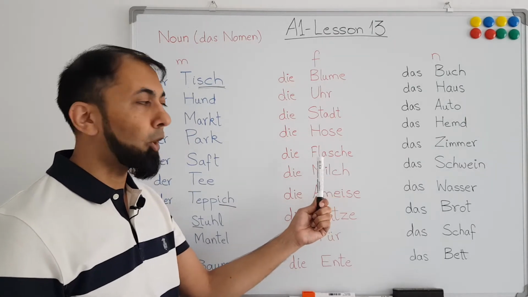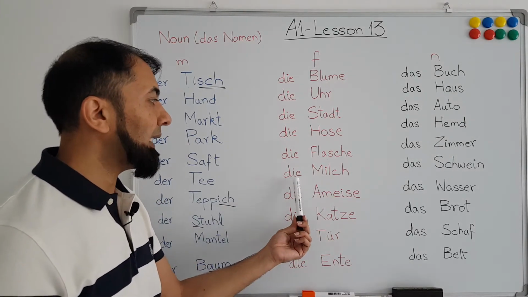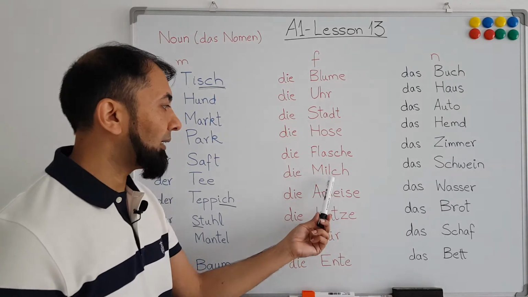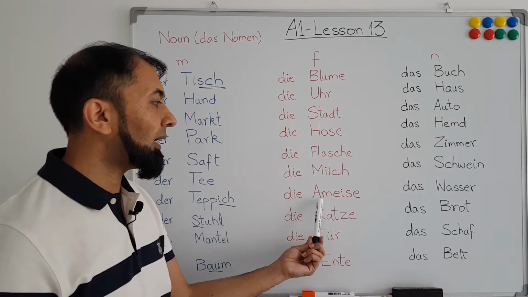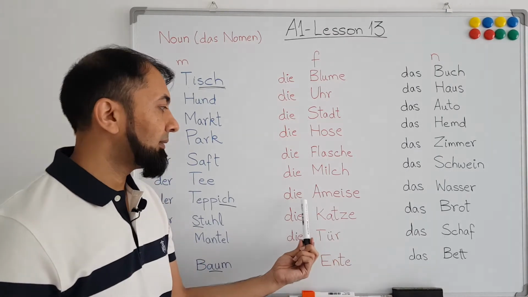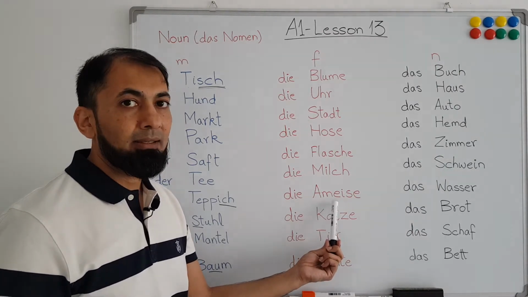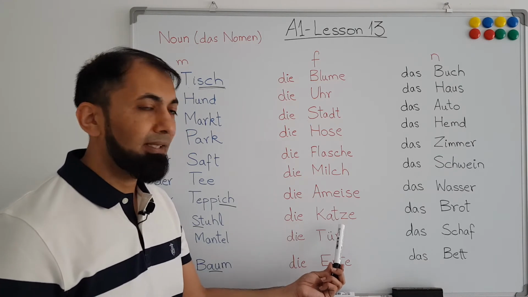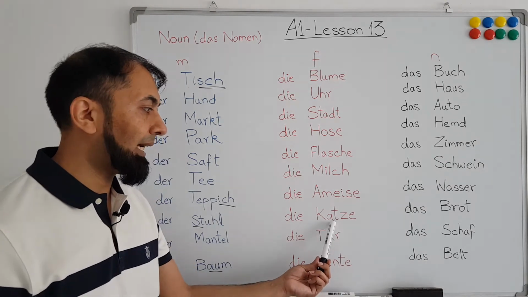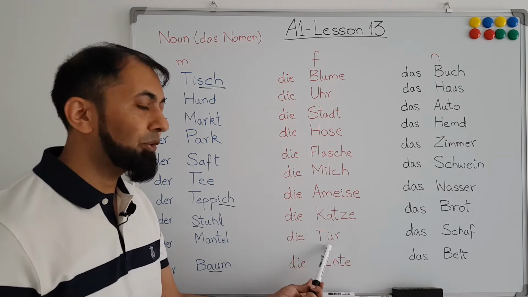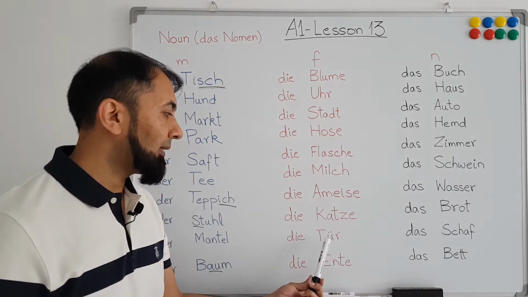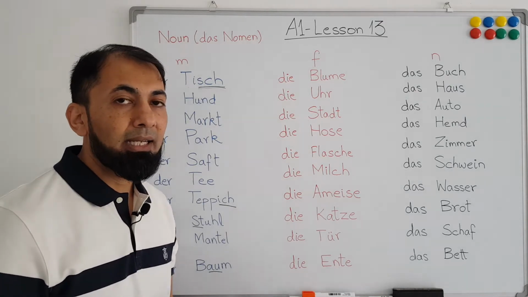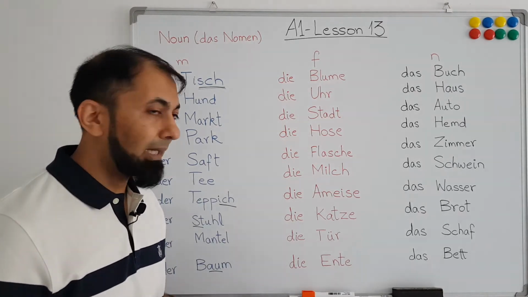Flasche means bottle. Die Milch. Milch means milk. Die Ameise, the ant. Die Katze. Katze means cat. Die Tür. Tür means door. Die Ente. Ente means duck.